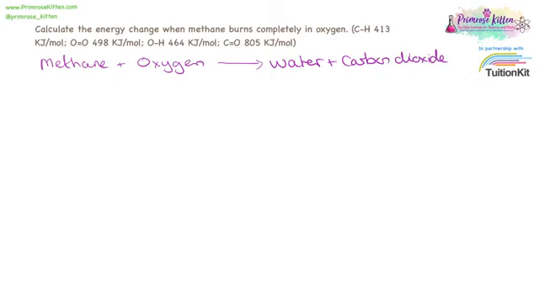We can then turn that into a chemical equation. So methane is CH4 plus oxygen turns into water plus carbon dioxide. We then need to balance that.